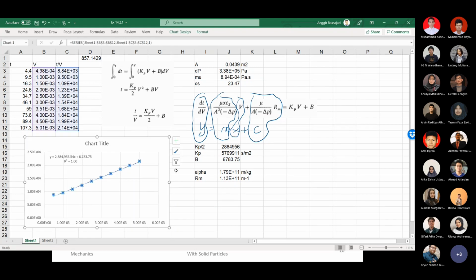Again, see what's the x-axis and what's the y-axis. Here the x-axis is the Kp, which is mu alpha cs per a square delta p. That's the Kp.